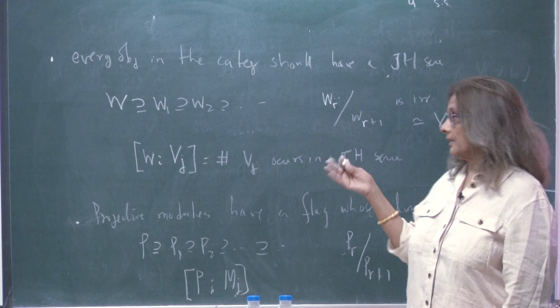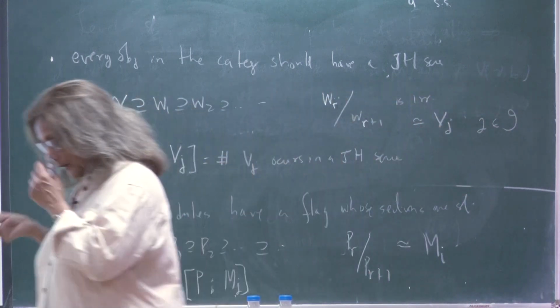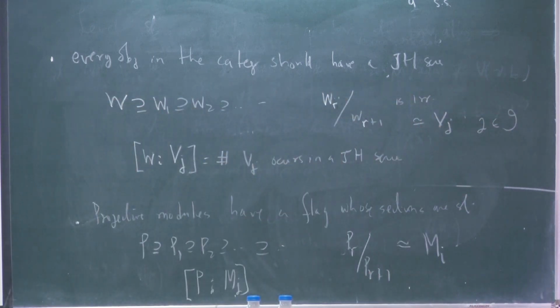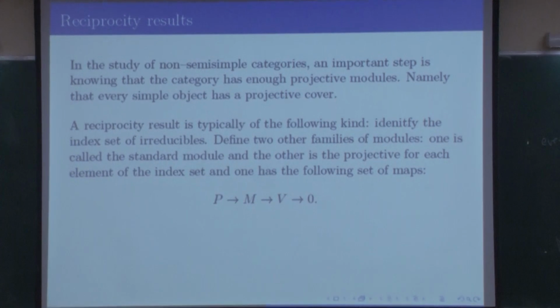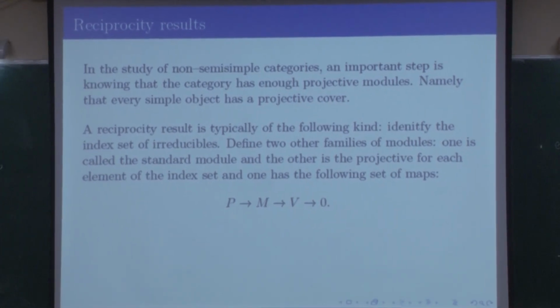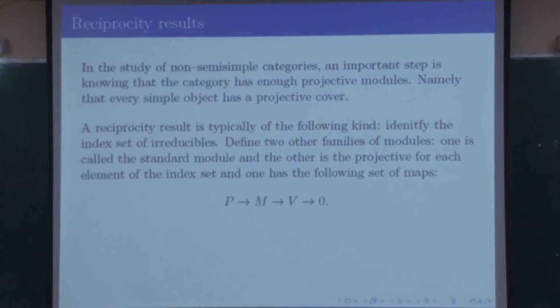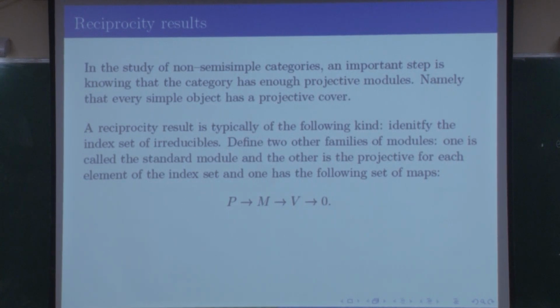So this kind of thing goes back a long way. It goes back to Brauer and so on, who proved such results for different kinds of, maybe finite dimensional associative algebras and so on. So variations of this continue to appear in the literature.